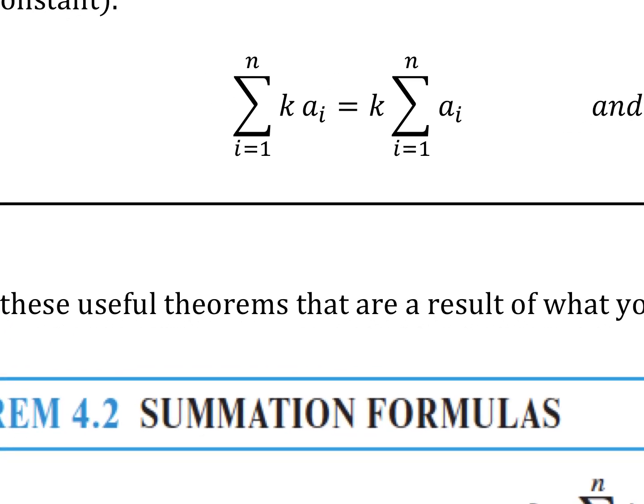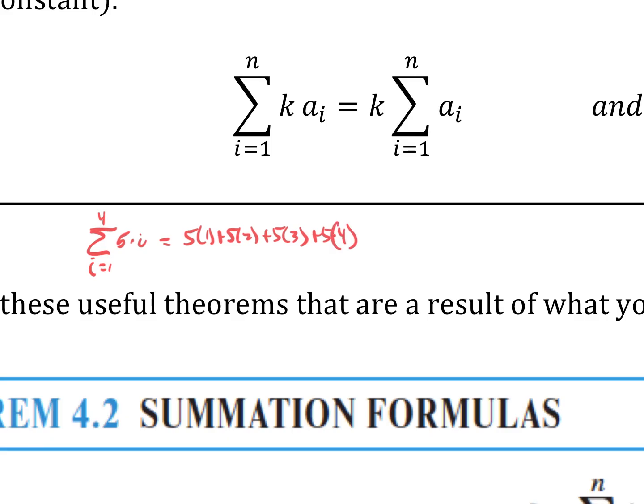If we have something like the sum of, let's say, i equals 1 to 4 of 5 times i, well, that's just 5 times 1 plus 5 times 2 plus 5 times 3 plus 5 times 4.